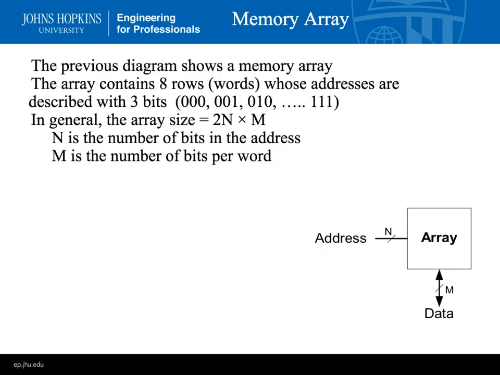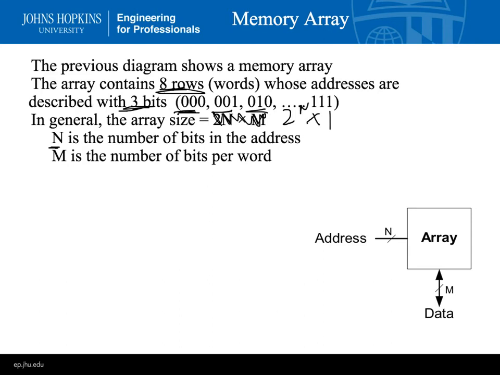So the previous showed a memory array, and it had 8 rows. To describe 8 rows, we need 3 bits. So here an address would be 3 bits long. Any of those 8 rows would be described with an address. And the array size is going to be: n is the number of bits in the address, and m is the number of bits in the word.